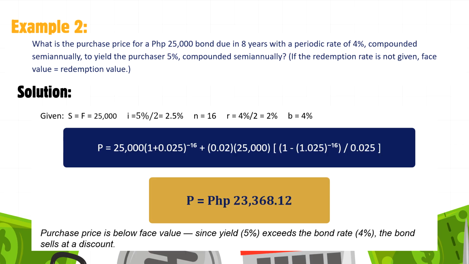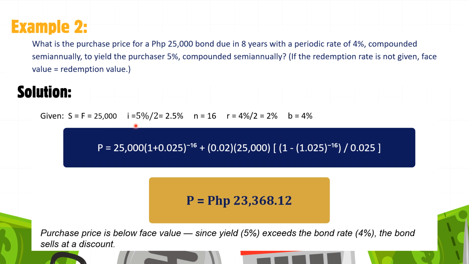So here's the solution. Since the redemption rate is not given and it is explained that the face value is equal to redemption value, S is equal to F, or the face value, which is equal to 25,000.